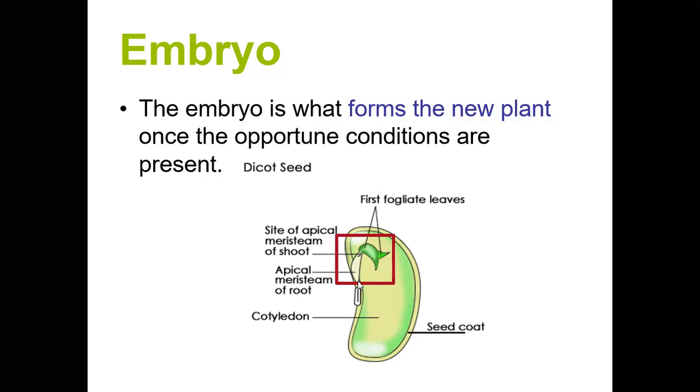That part is called the radicle. The part of the embryo from which leaves will develop is called the plumule, and the part from which roots will develop is called the radicle. Radicle and plumule.